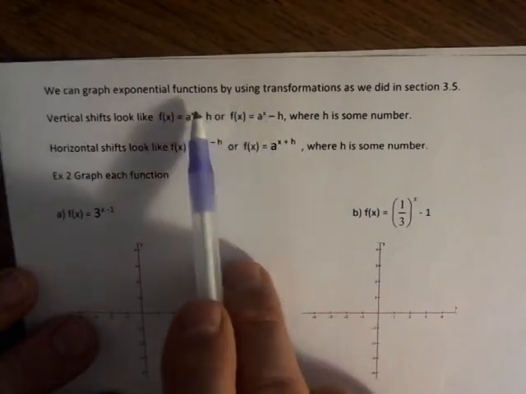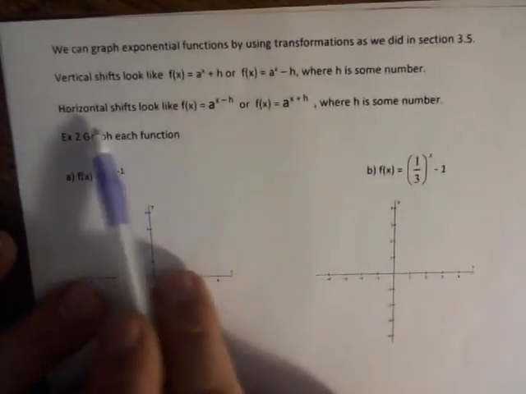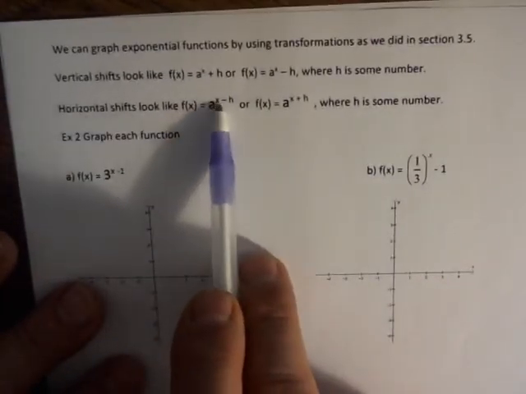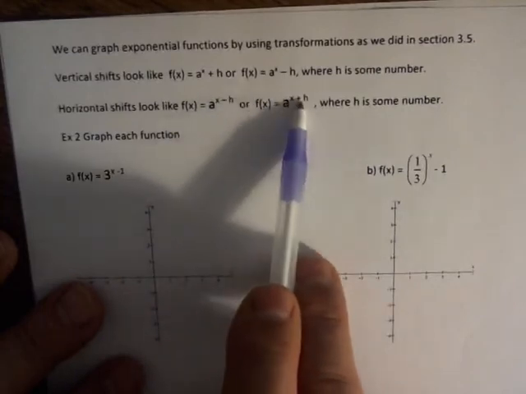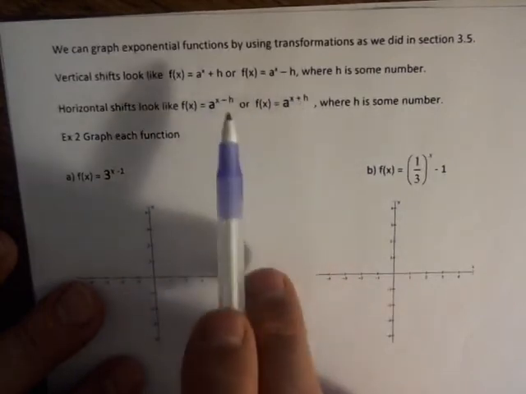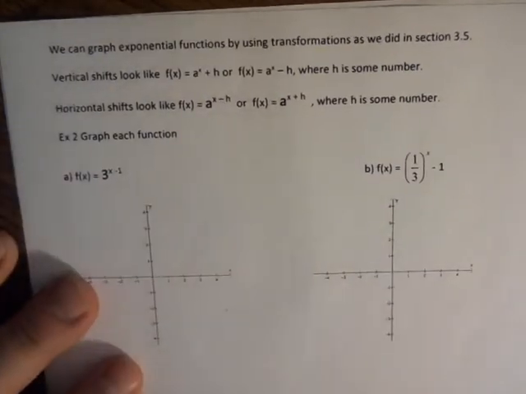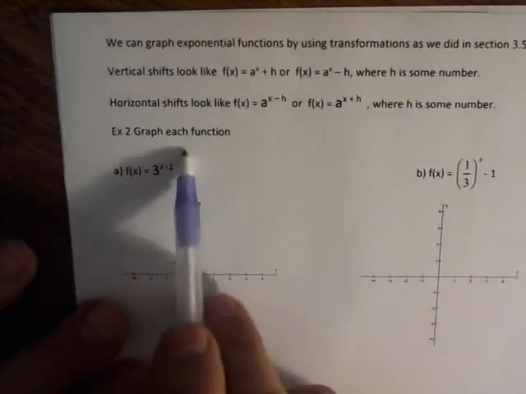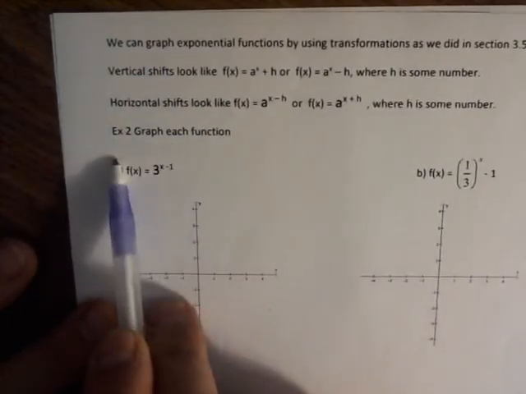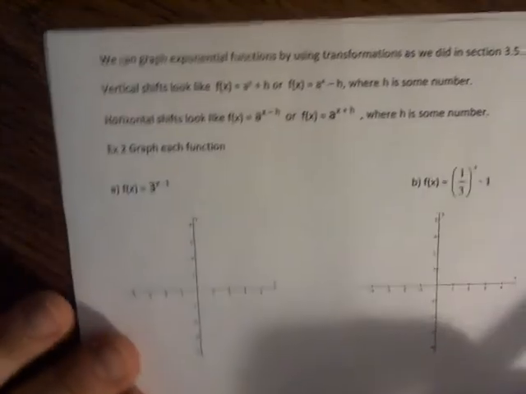So they're just going to be up and down. A horizontal shift is where your subtraction or your addition is in the exponent. And it's still like we did last section in 3.5. It's opposite the sign.